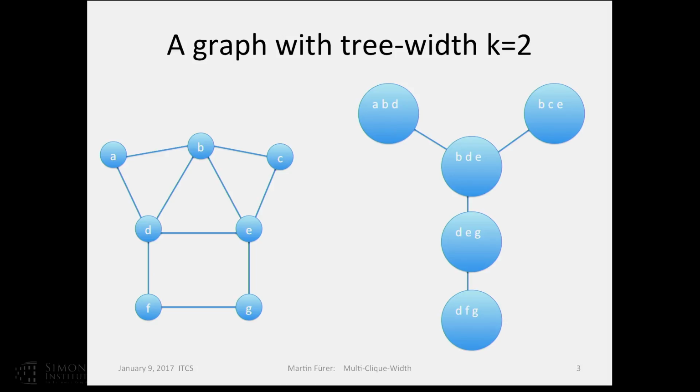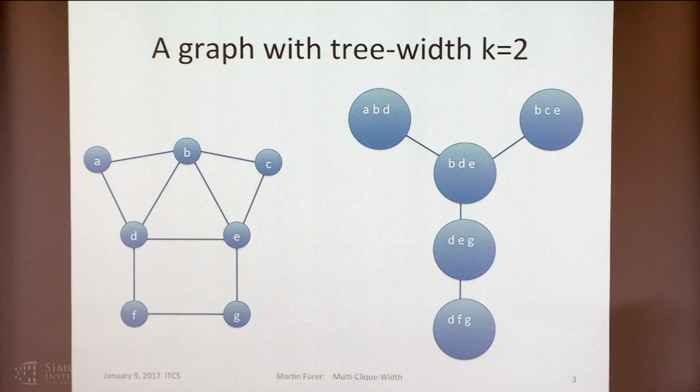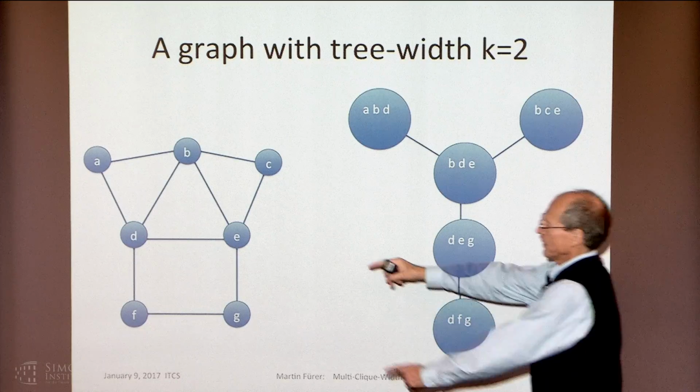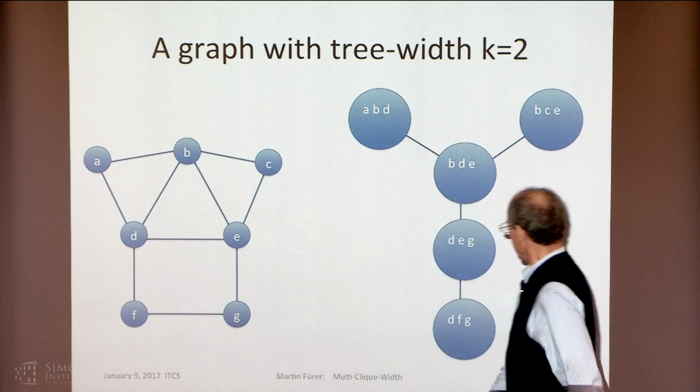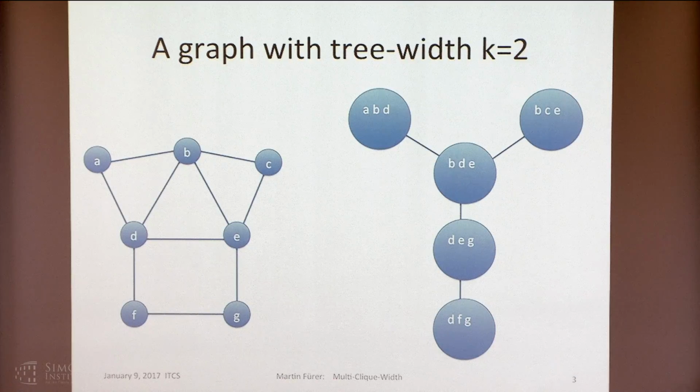So for the definition of tree-width, to remind you, I just use this example. On the left side you have a graph, and here we have a tree decomposition. Every vertex like this one appears in a connected subgraph of this tree, and every edge like E and G has to appear somewhere in one node here.